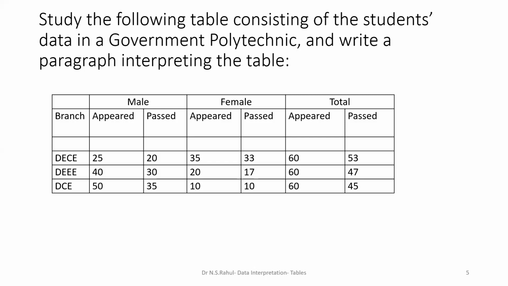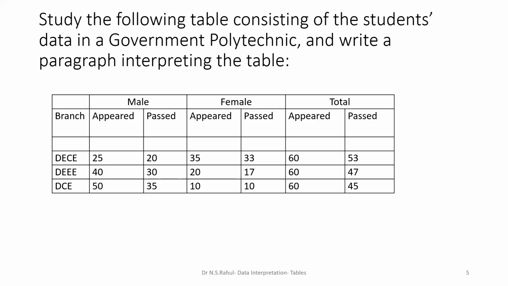The female students in DECE have appeared 35 members. Out of 35 members, 33 members have passed. And in DECE, the students total have 60 appeared for the exam. 60 members have appeared for the exam and 53 members passed.